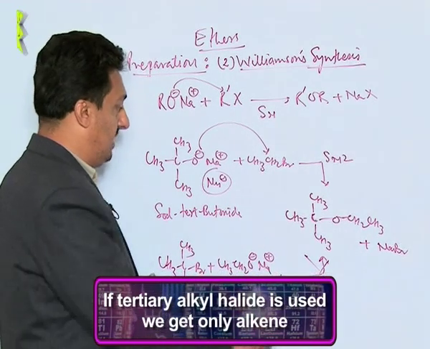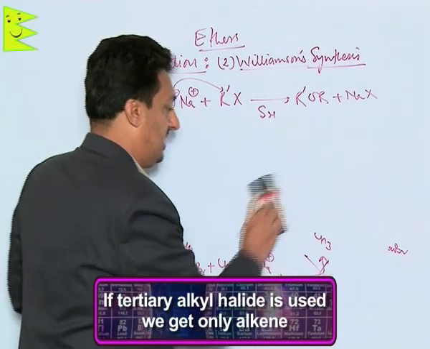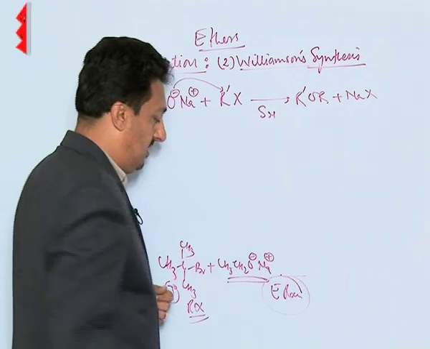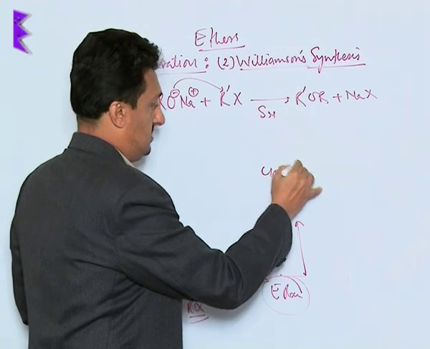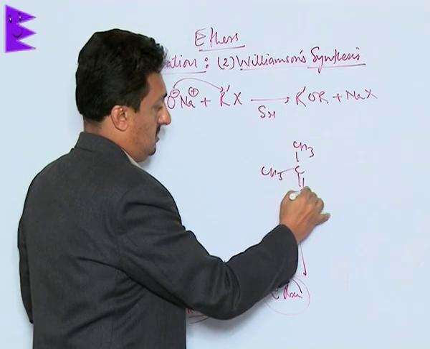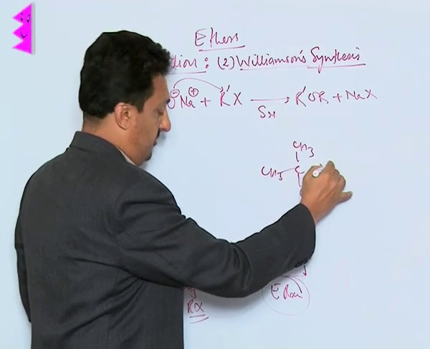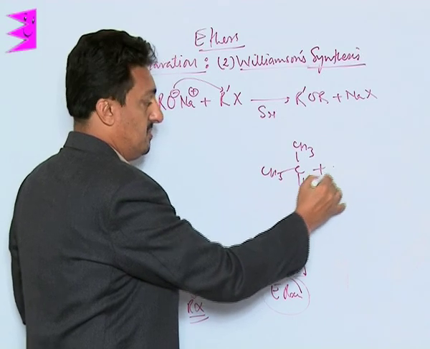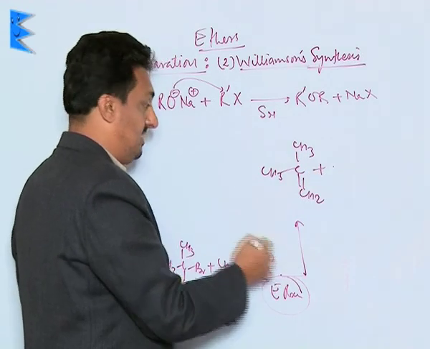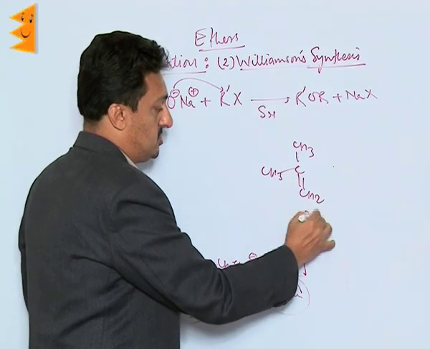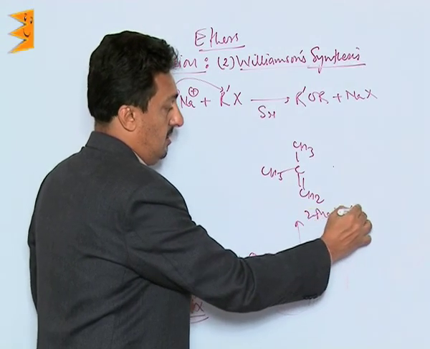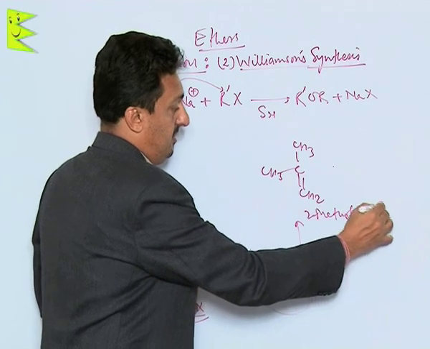The product obtained, if we take the reactants in this way, will be this compound and not a substitution product. So we will get an alkene rather than anything else, in this case 2-methyl propene will be the product obtained.